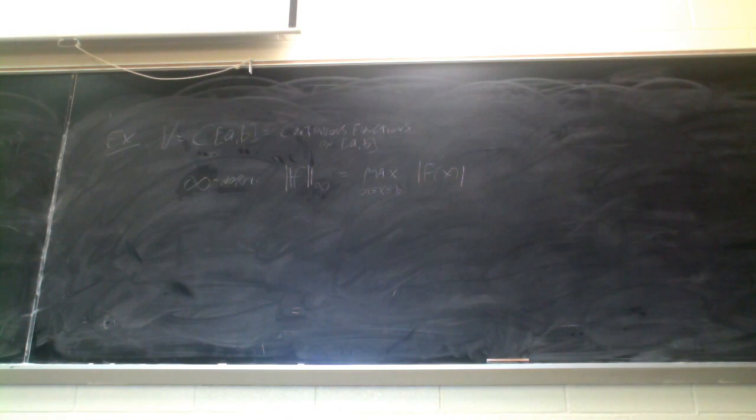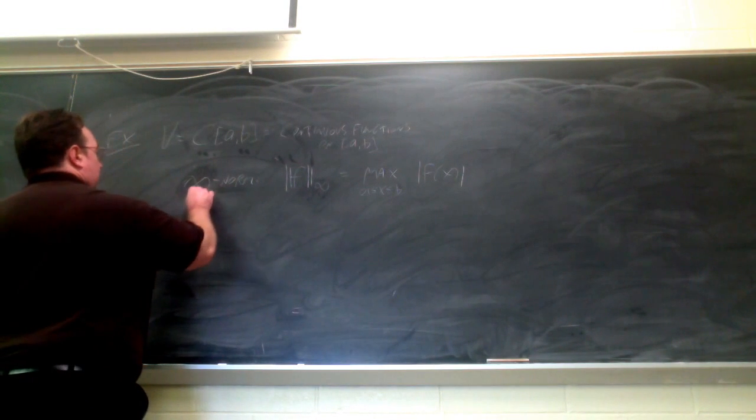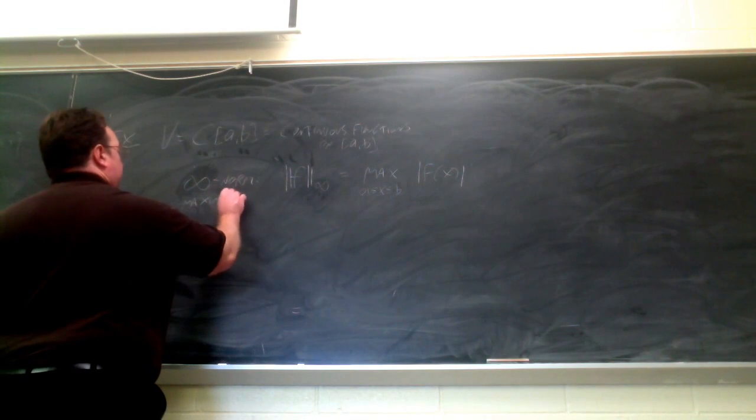This is why continuity is important to assume. A continuous function on a closed interval is guaranteed to have a maximum and a minimum. So since we're assuming continuity, we can define this. Okay. Now, this is also known as the maximum norm, for obvious reasons.